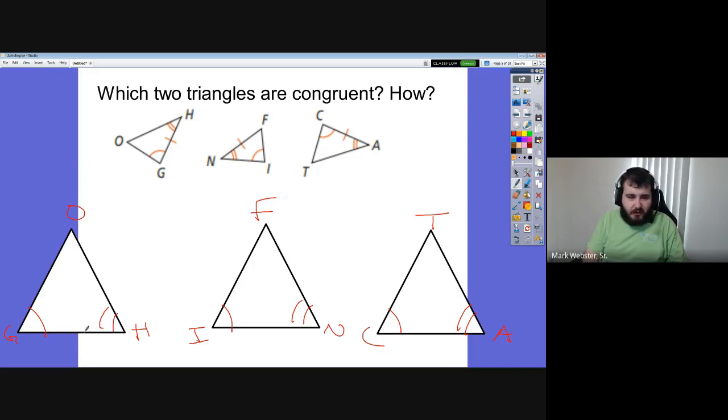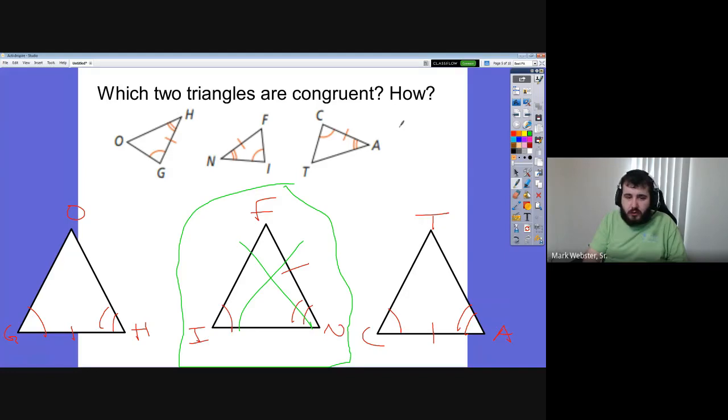All right, this side has the one on GH. This side has the one on FN, and this side has the one on CA. Which one isn't in the right spot? This one, right? This one is the odd triangle out. This is the one that doesn't have the side in the middle where it's supposed to go. So we know that one's wrong.